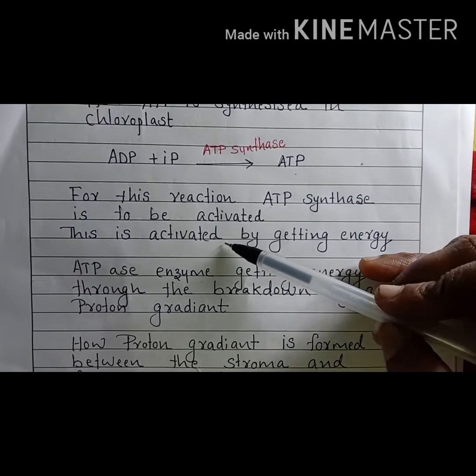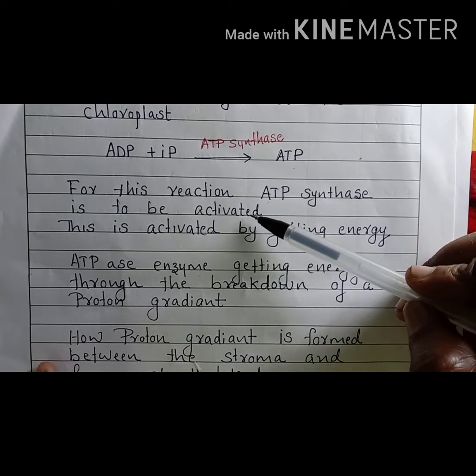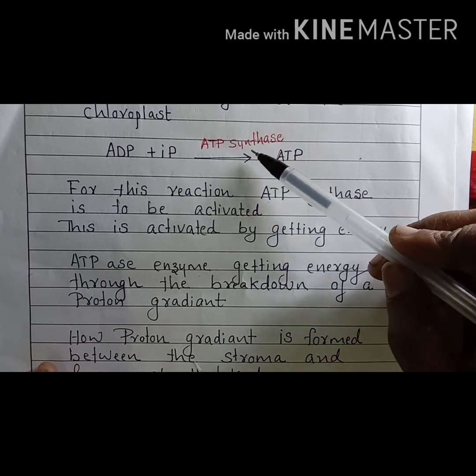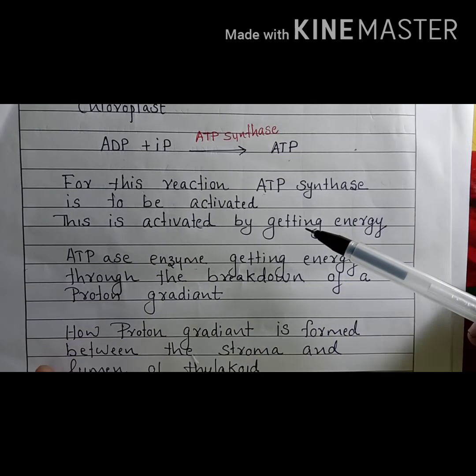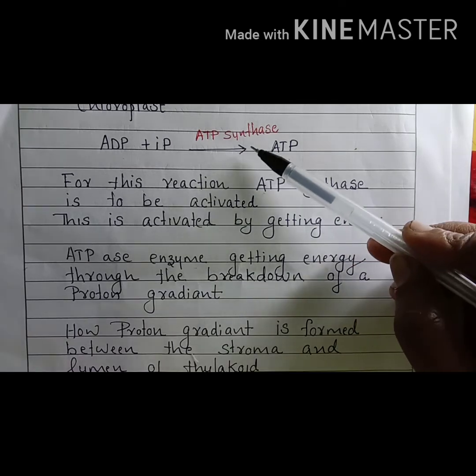For this reaction, the ATP synthase enzyme has to be activated, and it is activated by getting energy. Everyone gets energy, and only then becomes activated, isn't it? So here also this enzyme is activated when it gets energy.